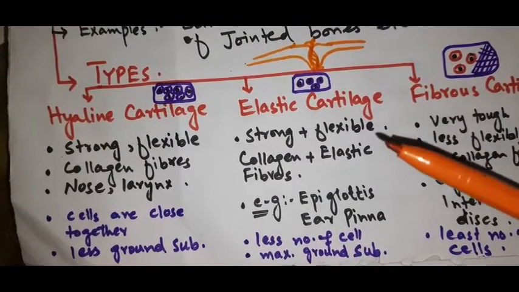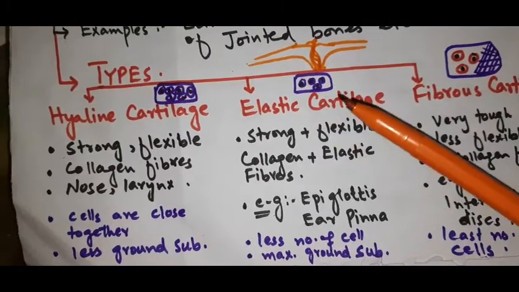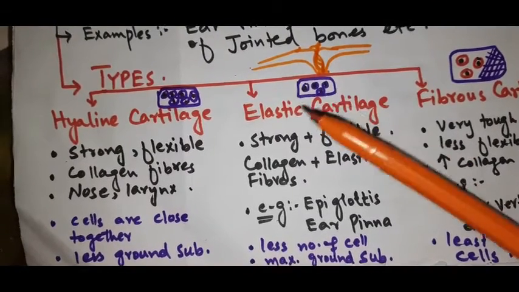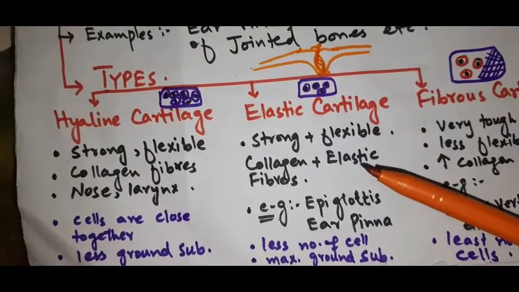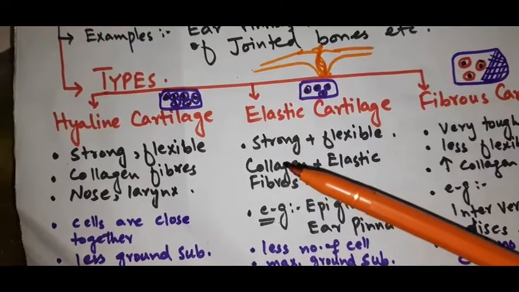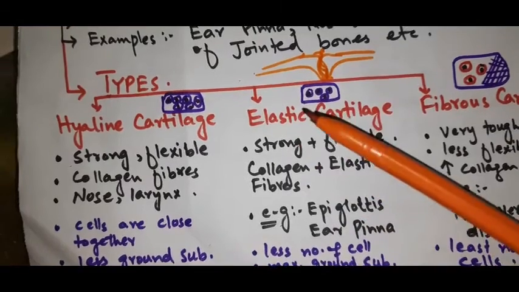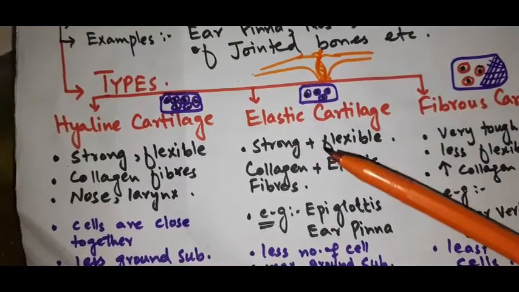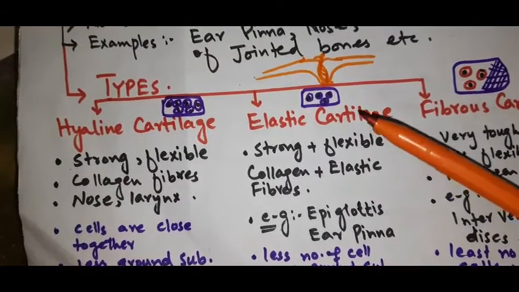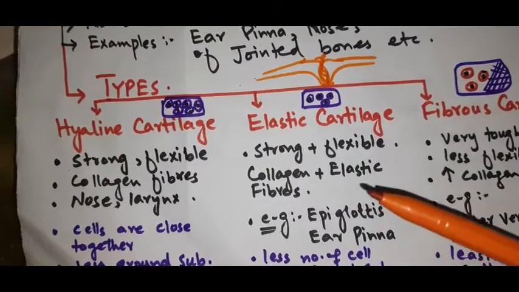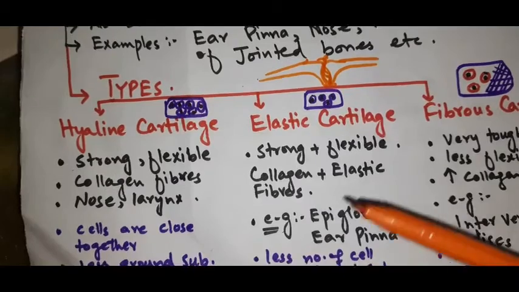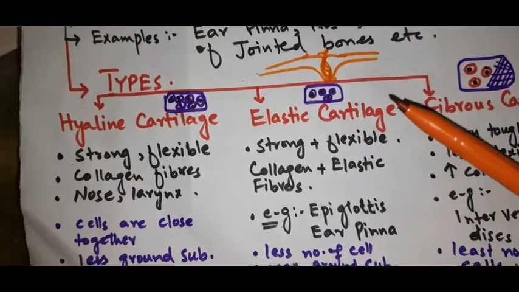In elastic cartilage, as the word indicates, it is more elastic. The elasticity is basically due to the presence of elastic fibers along with the collagen fibers. This type of cartilage is strong and flexible, and along with the collagen fibers, there are elastic fibers as well, which give more elasticity to this type of cartilage.